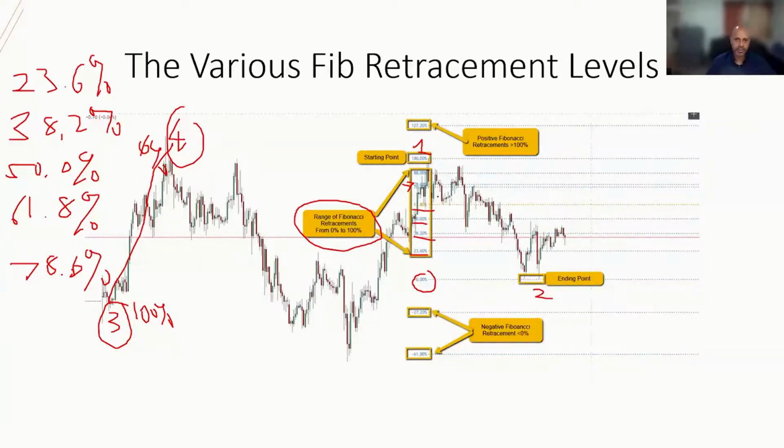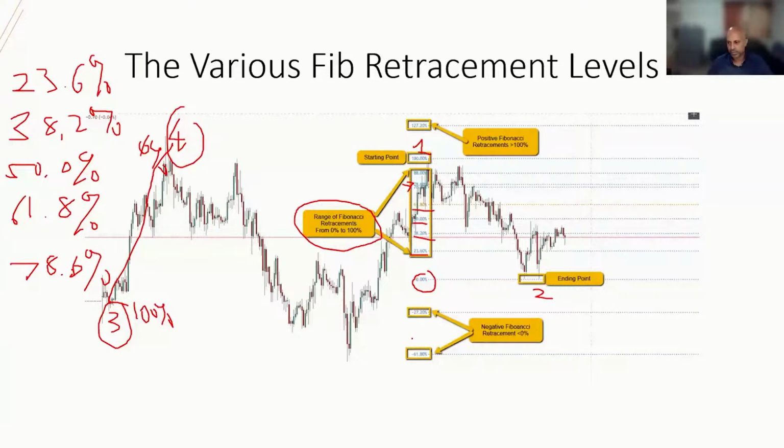And the key retracement levels, like I said, are the 5 key retracement levels at 23.6%, 38.2%, 50%, 61.8%, and 78.6%. Now, in this example, we're also showing Fibonacci levels that are greater than 100% and lower than 0%, right? The key negative retracement levels are negative 27.2% and negative 61.8%.